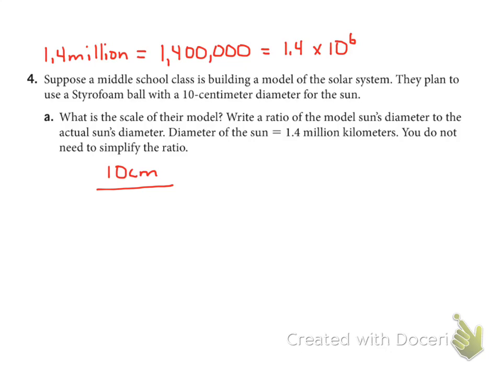So if you realize that million means 6 zeros, you could have gone directly to that. Okay, so 1.4 times 10 to the 6th, and that's kilometers. And they said we do not need to simplify it. Any questions on part A?